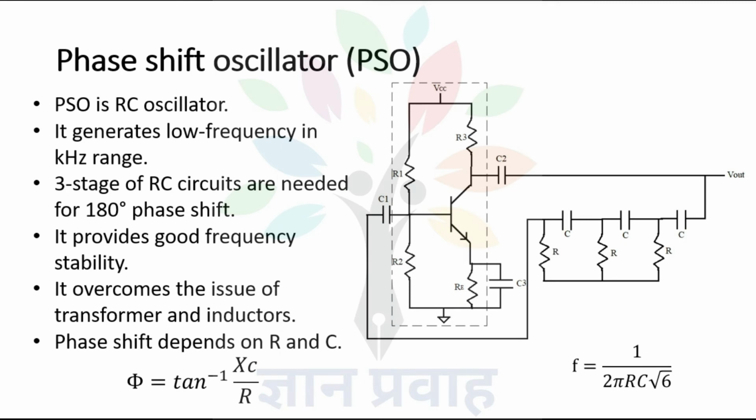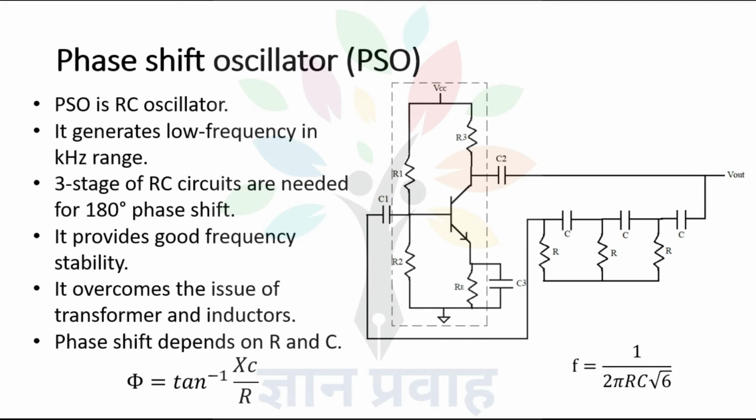Phase shift oscillator or PSO. PSO is an RC oscillator. It means in the feedback circuit, it uses R and C components, and PSO generates low frequency in the kilohertz range.